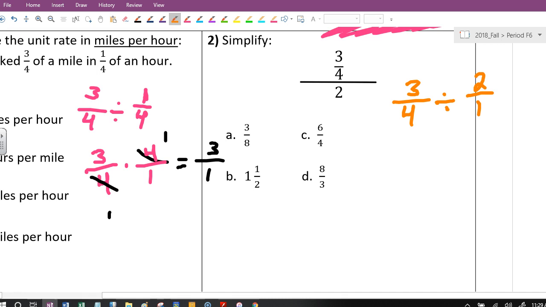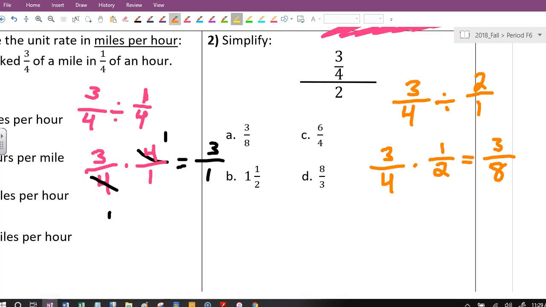Right. And then times 1 over 2. So that makes 3/8. Is that choice here? Yay, it is. All right. Good job, Kit Kat.